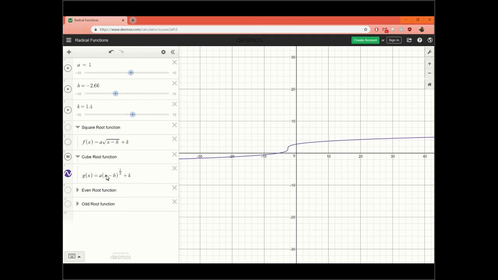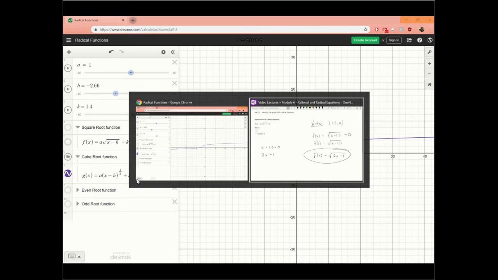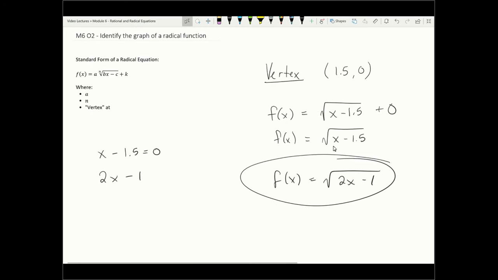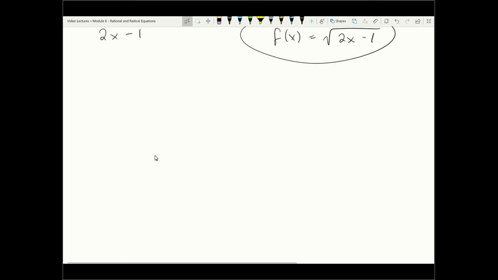It's written as 1/3 here because they don't want me to put in the cube root, but this looks exactly the same. And just like before, if I had something like x minus 1.5, then I would switch it to write it with integers. Now, on the exam, I'm not going to deal with that. It gets a little tricky. That's not the point. The goal is to recognize what these functions look like and where that vertex is.